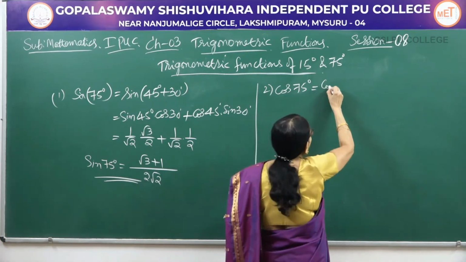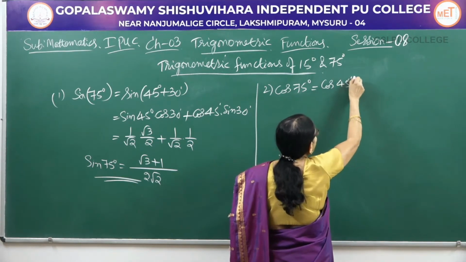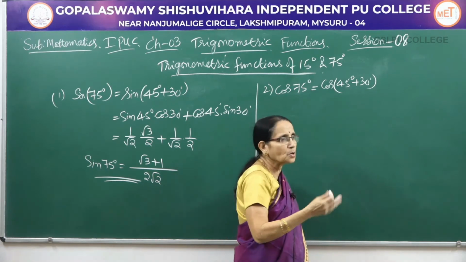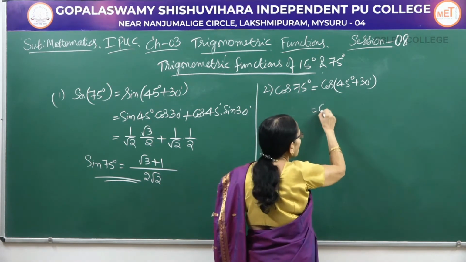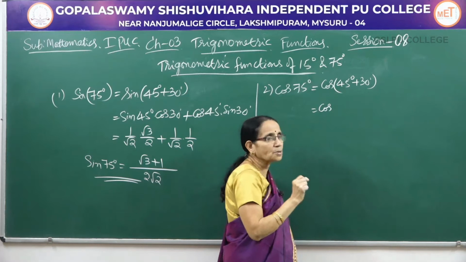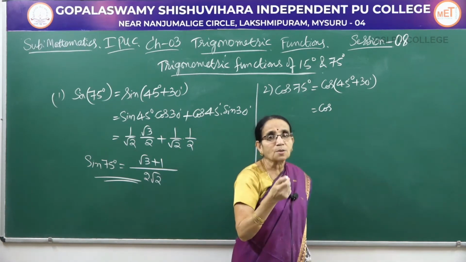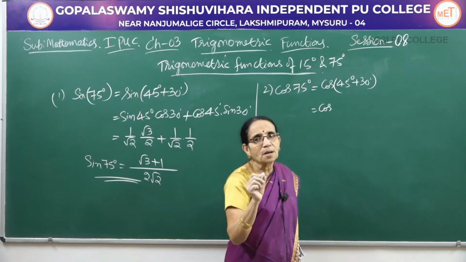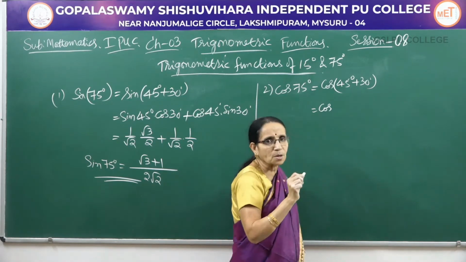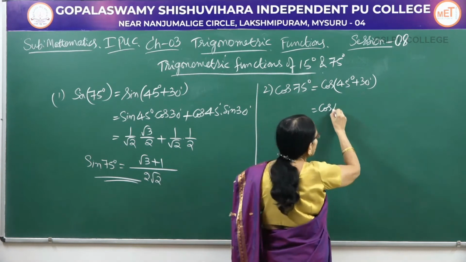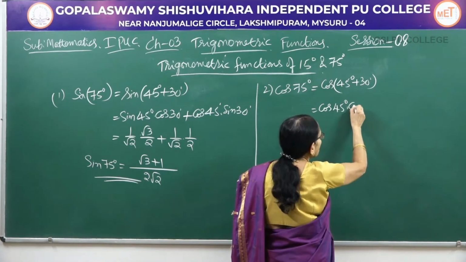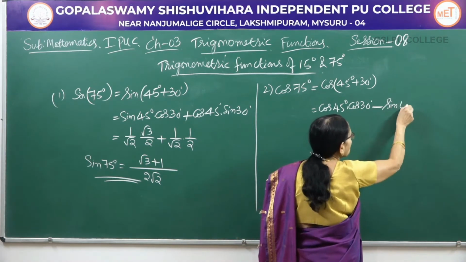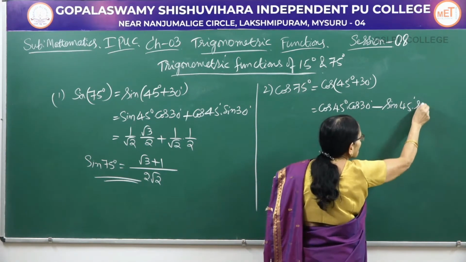The same way you can split this as 45 plus 30, or you can write 30 plus 45 also, you get the same answer. As usual, expand it, cos of x plus y. What's the formula? Cos x into cos y minus sin x into sin y. X is 45, y is 30. So it is cos 45 into cos 30 minus sin 45 into sin 30.